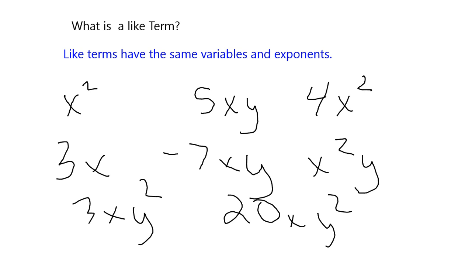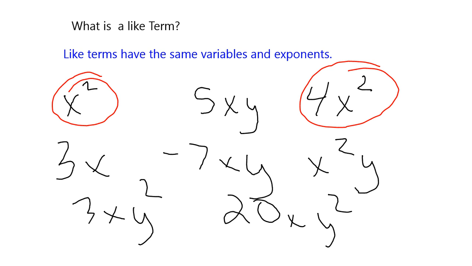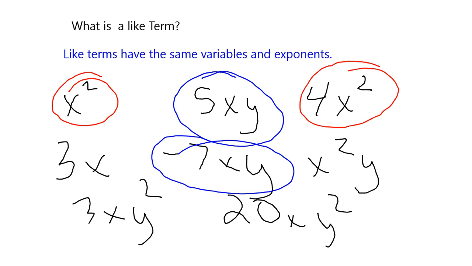Okay, so I'm going to circle some of these that are alike. I have an x squared and a 4x squared. Those are like terms. I have a 5xy and a negative 7xy. The x squared y is not the same thing as xy because there's a squared on the x.